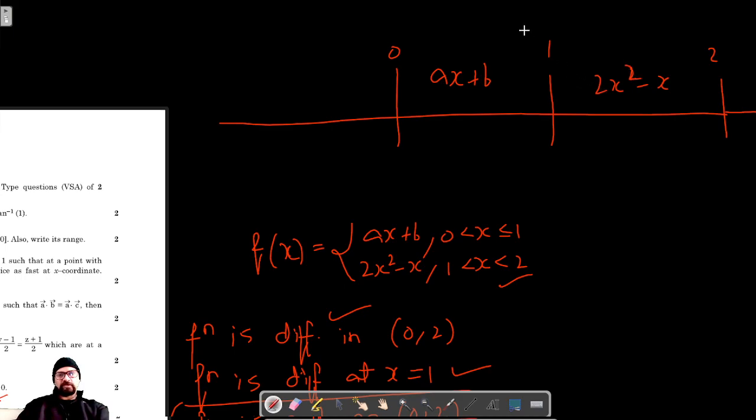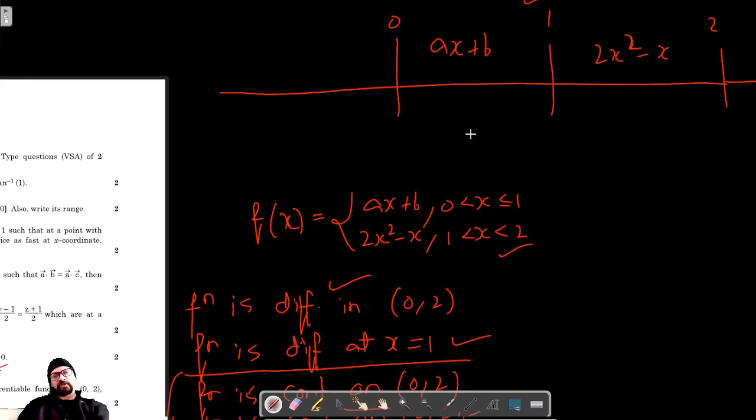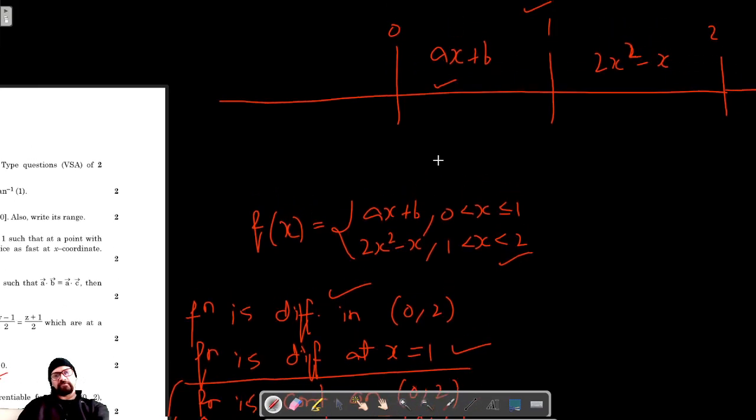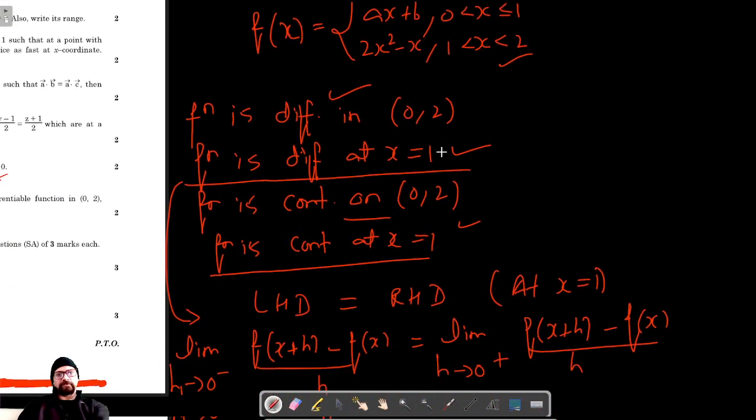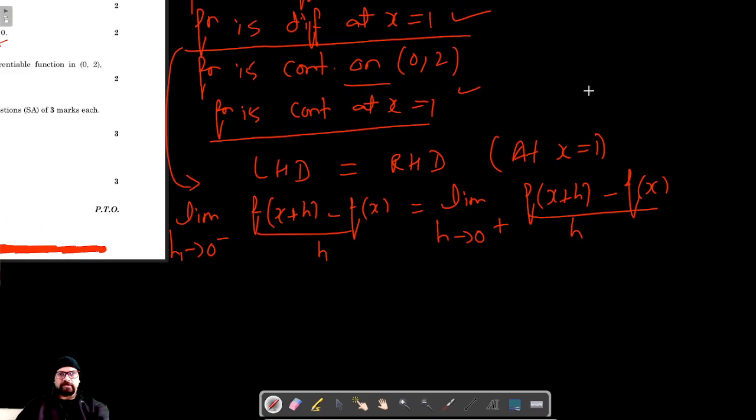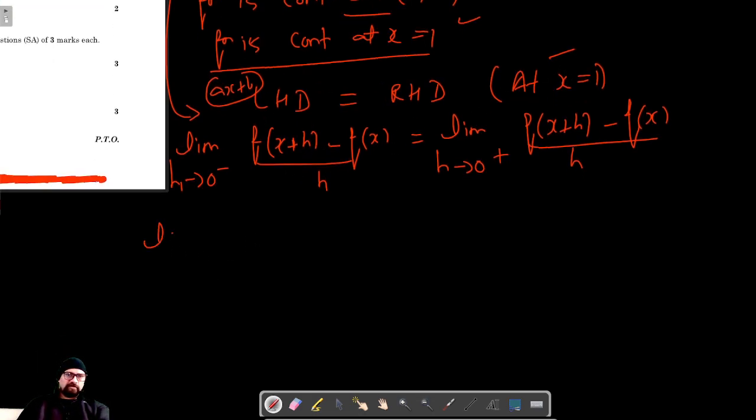Because we are differentiating at x is equal to 1, for the left hand derivative the function is ax plus b. So this is limit h tends to 0 negative, with x equal to 1, of f of 1 plus h minus f of 1 upon h.